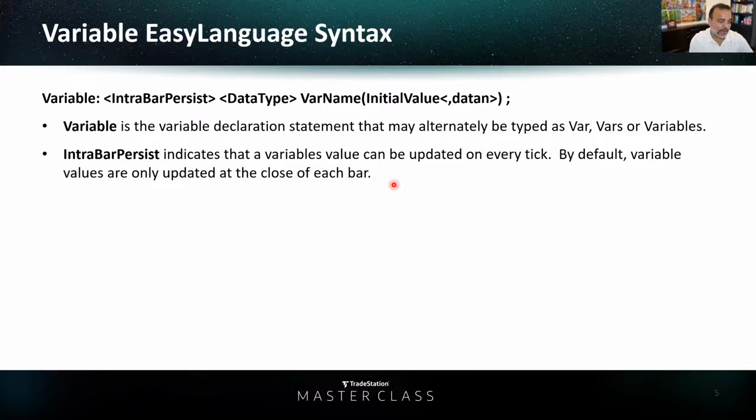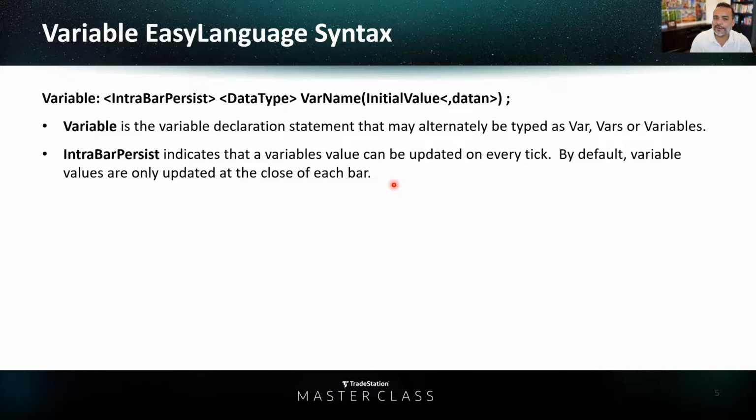So when we come over here and look at the board, intrabar persist indicates that a variable can be updated on every tick. But when I write my EasyLanguage and I use a moving average, it updates on every single tick without using an intrabar persist type of variable.